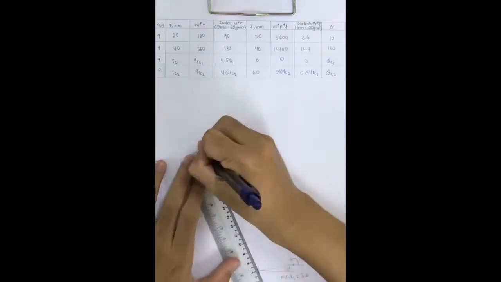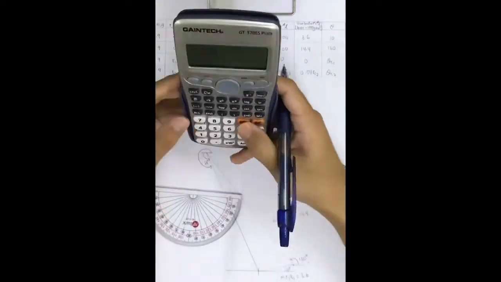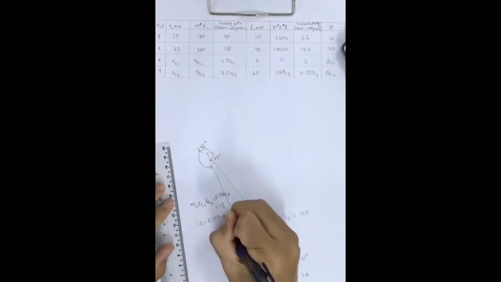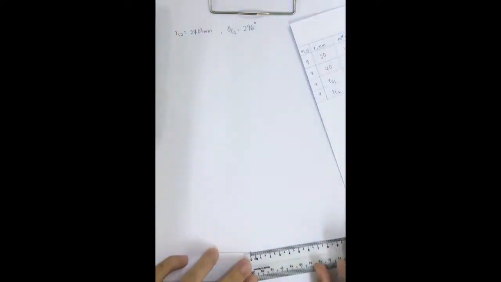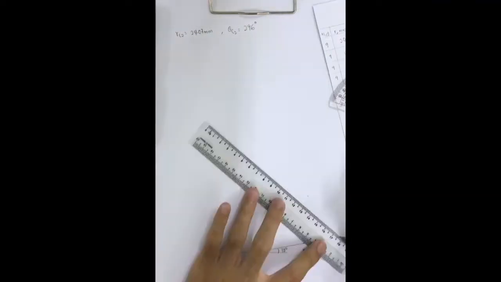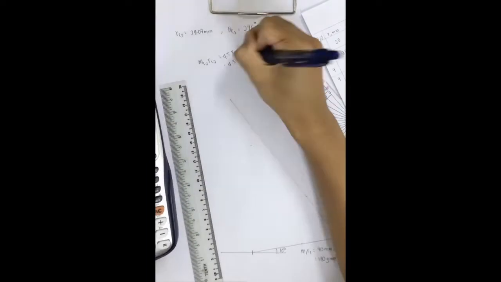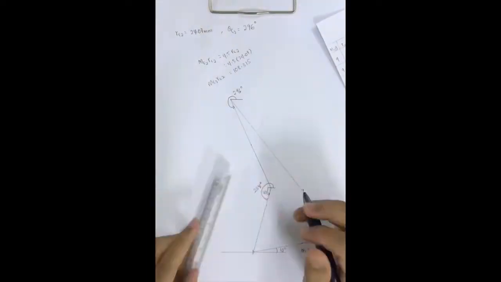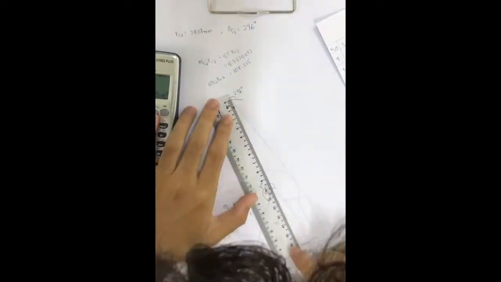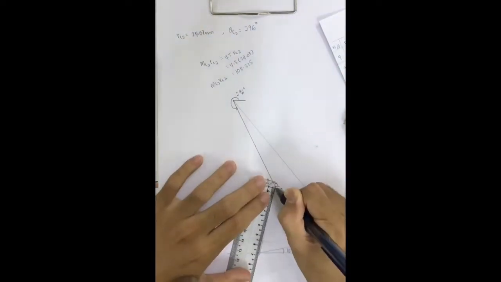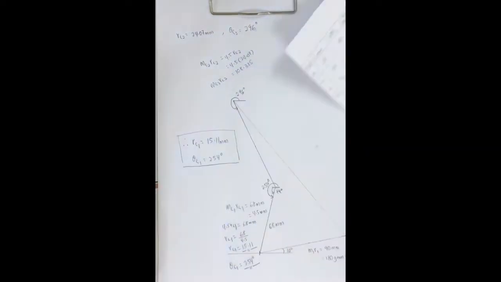The second method to get the values as mentioned before, which are RC1, theta C1, RC2, and theta C2, we can use the graphical method. This calculation was made to apply in the system of rotating mass for the test of balancing.